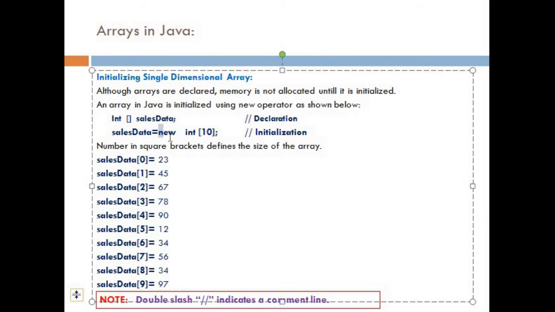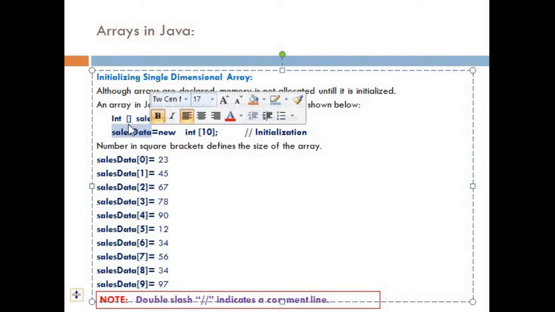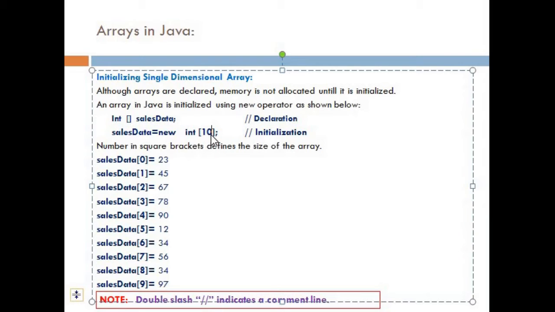And the new keyword here allocates memory locations for this array called sales data to hold 10 values. So this new keyword allocates memory spaces for our array variable called sales data to hold 10 values. And this is called initialization.